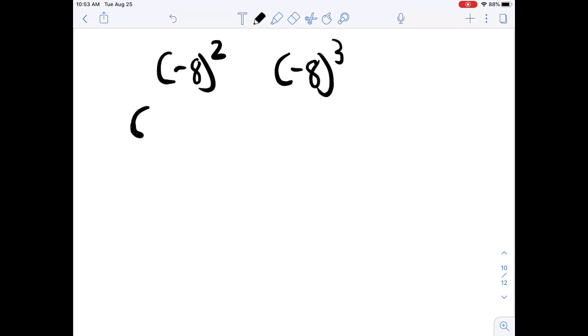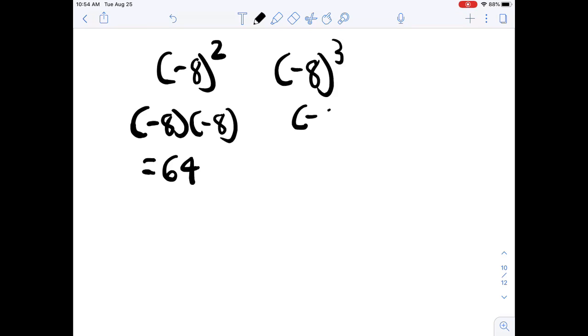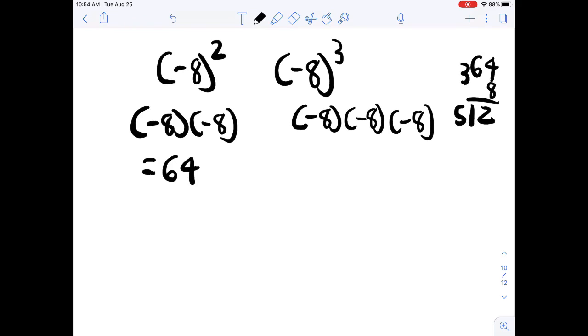So for -8 to the power of 2, it looks like this. And then that equals 64. In the second example, it's which is 64 times 8. And this time it's negative.